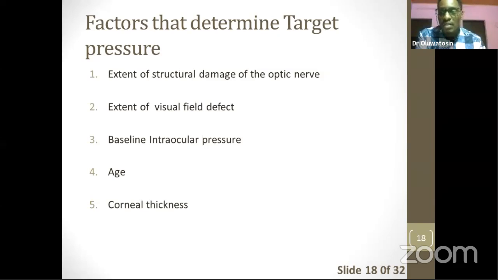I want to be aggressive in the management of the younger one compared to the elderly one, which I'll also explain later as a result of the life expectancy. Then the corneal thickness of the patient, which I earlier said to know the thickness. The normal corneal thickness is supposed to be between 520 and 540 millimeters.